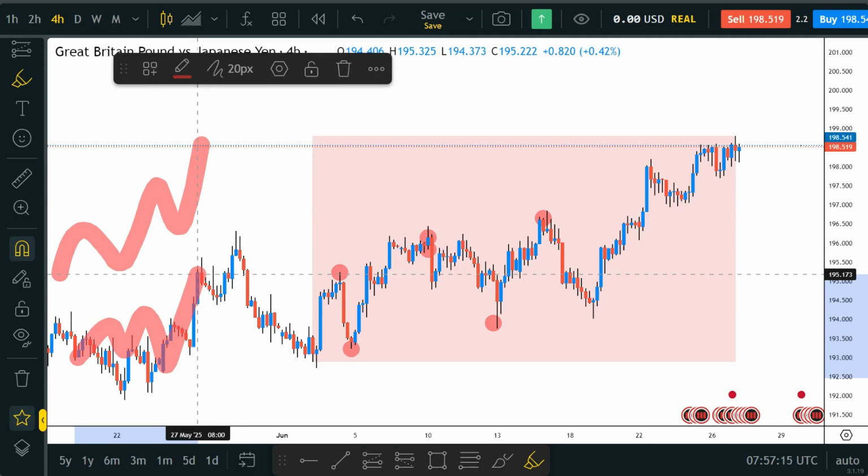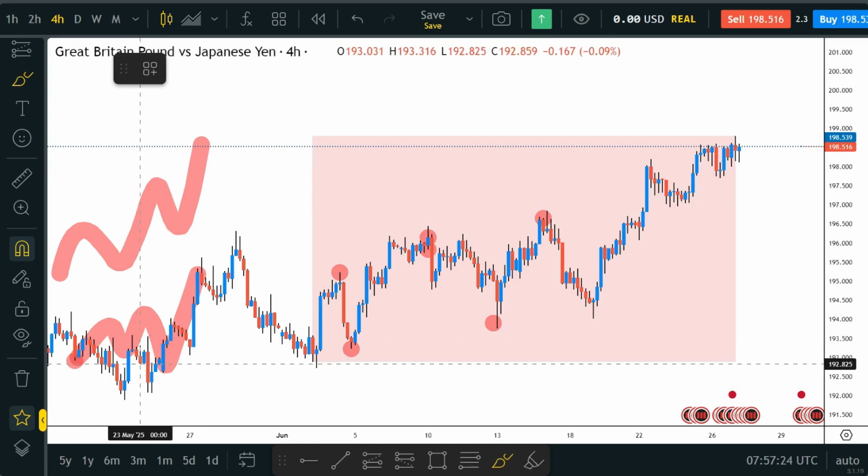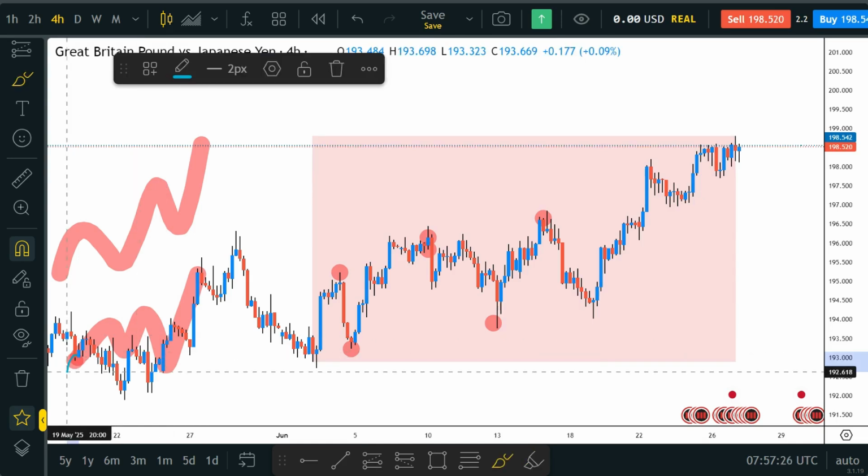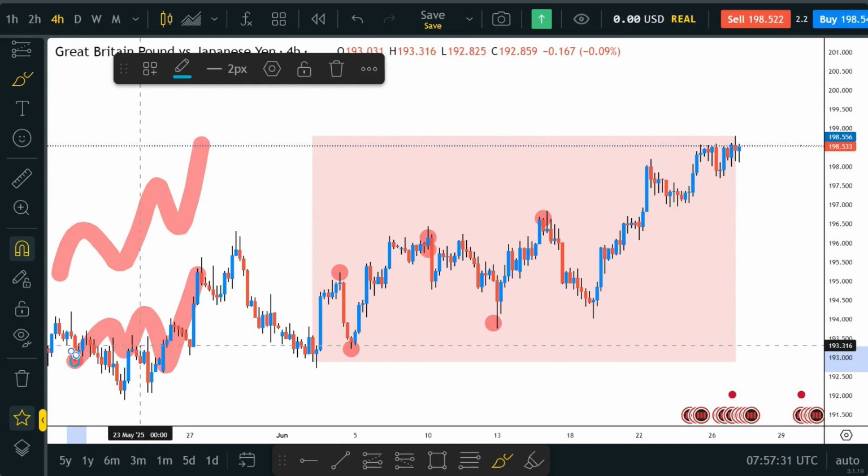So sometimes you may connect this point, you may connect this. Let me use a line here. You may connect this point from here and connect this point from here, so that you can get a single line which is just like this, a trend.